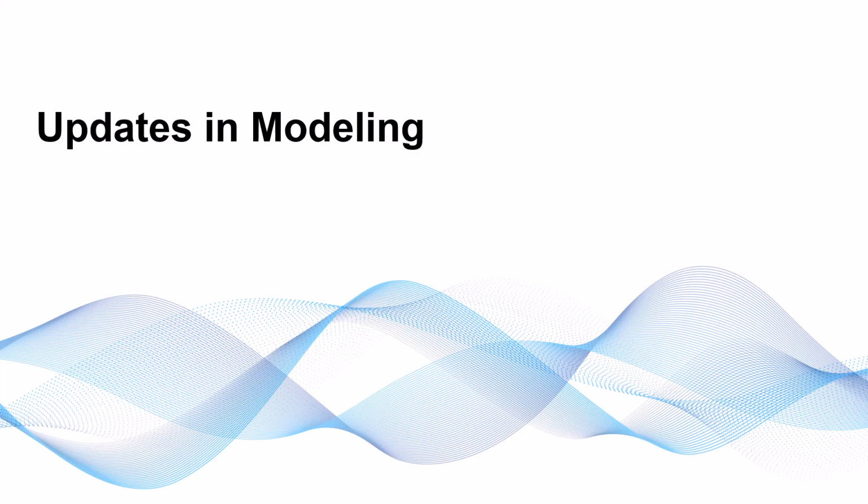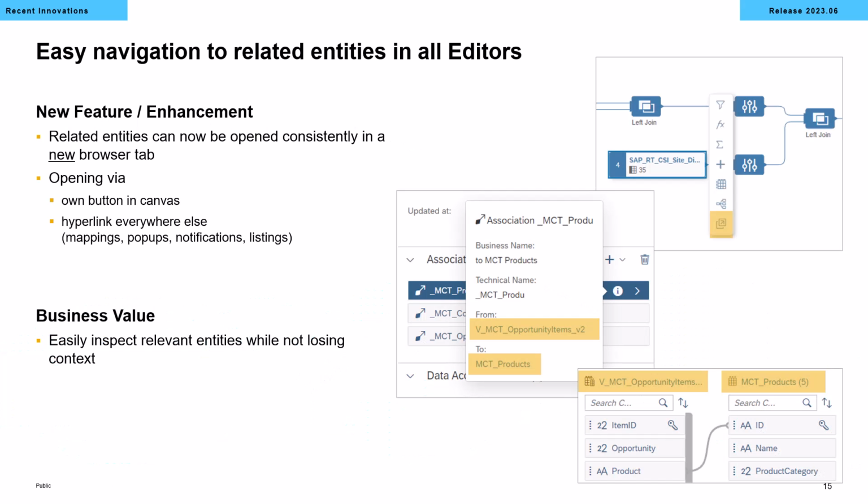So next to those major components which we delivered with Datasphere, there are also, of course, smaller features and functions in the different areas, like here in modeling, where we introduced a quite good efficiency enhancement with an easy navigation to related entities in different editors.